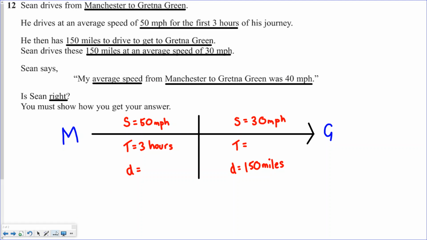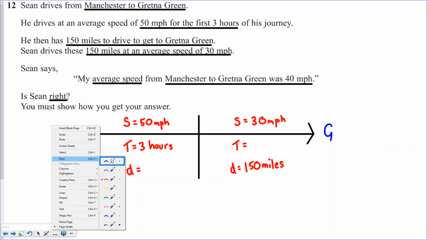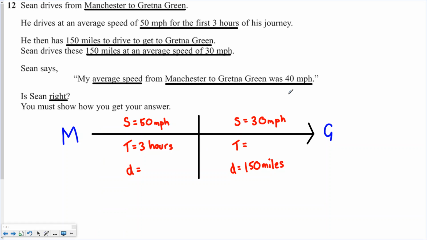So let's switch back to the blue pen. To work out the speed, I'm just going to draw myself my knowledge. This is the knowledge I should have known before I attempted this question. So distance is equal to speed times time. I like to draw this little triangle to help me remember.